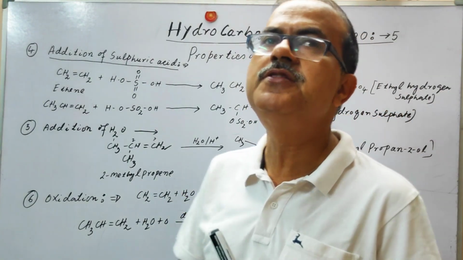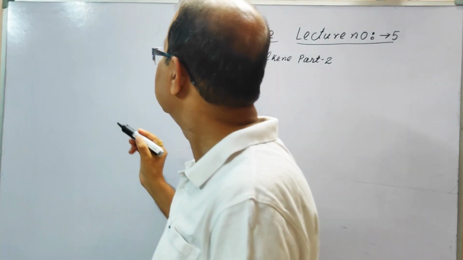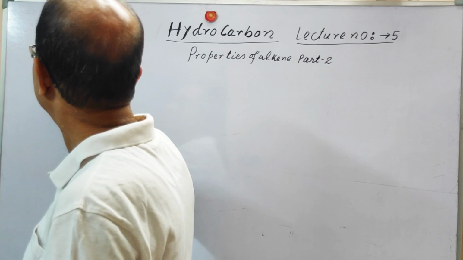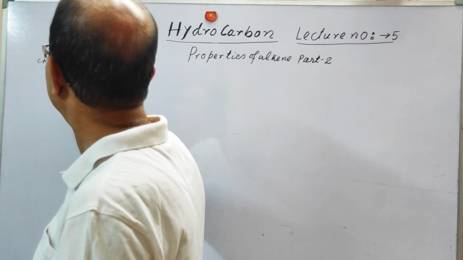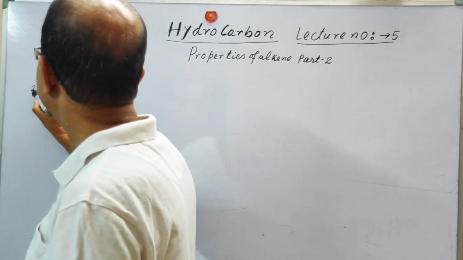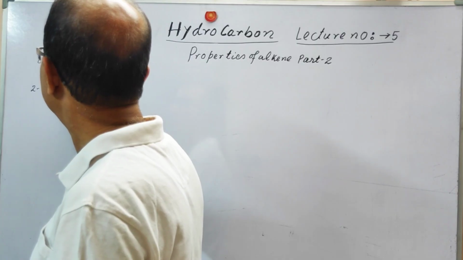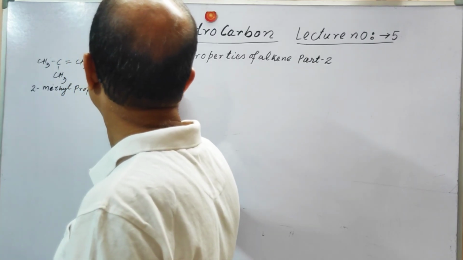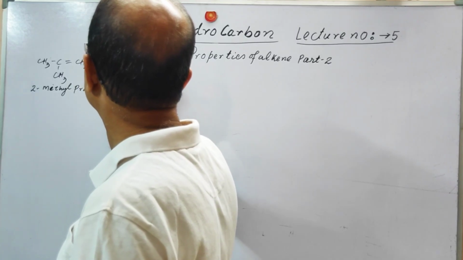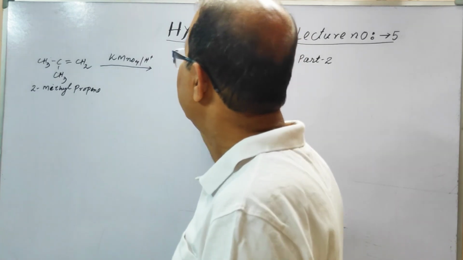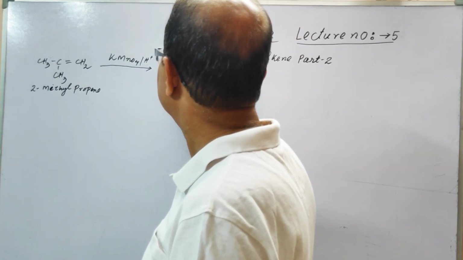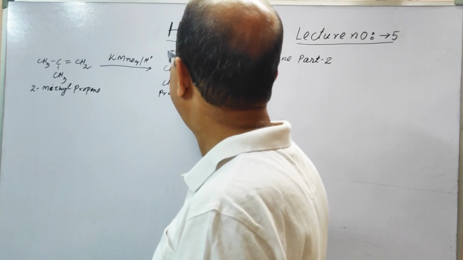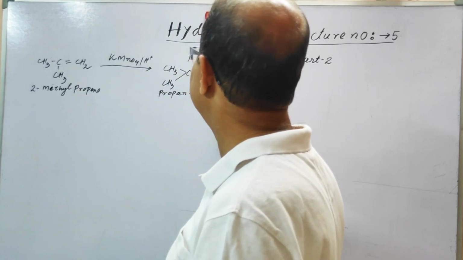Now the oxidation reaction we are talking about, when it is oxidized: this is 2-methylpropene, and this 2-methylpropene in presence of acidic KMnO4 is going to produce propan-2-one, which means a ketone has been produced.